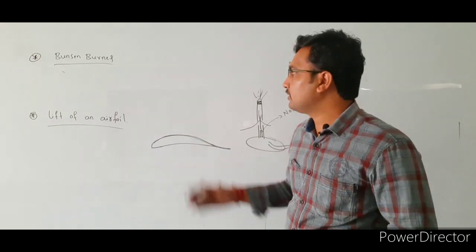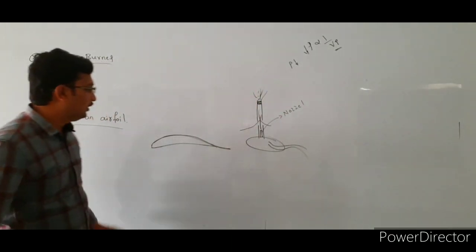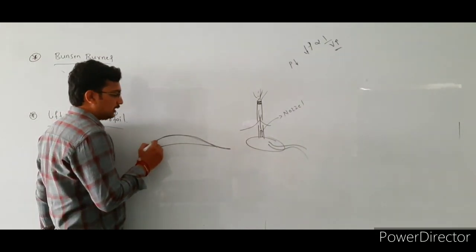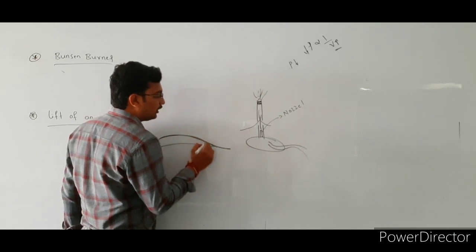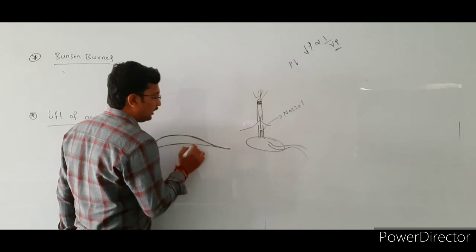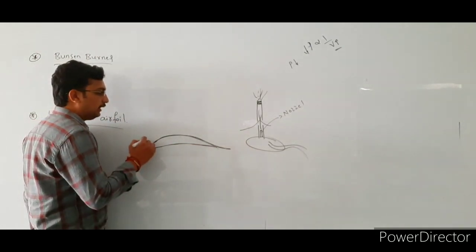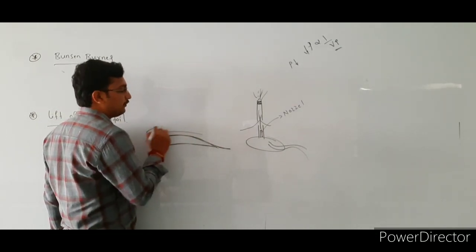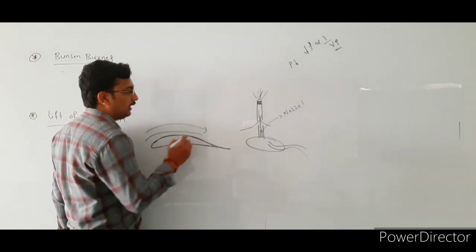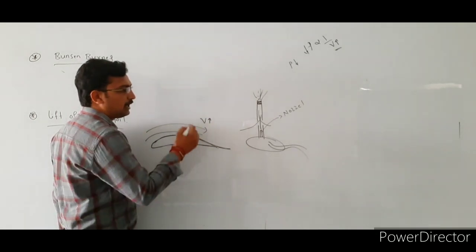The next application is the lift of an airfoil or aeroplane wing. See here, the shape of the aeroplane wing or airfoil is slightly convex upwards and slightly concave downwards. When the air passes over the upper surface of the airfoil, the speed of the air is maximum at this point.